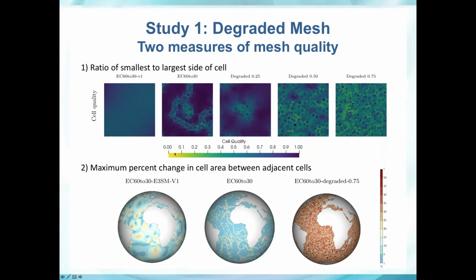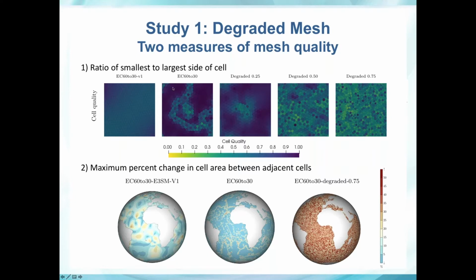So this first one here, labeled EC6030V1, is an old EC6030 mesh made with the method developed by Doug Jacobson, and the one next to it is an EC6030 mesh developed by Jigsaw by Darren. So what you can see is that this old mesh creation method has very even cells with a quality of about 0.6, so imperfect polygons, but very sort of regular.